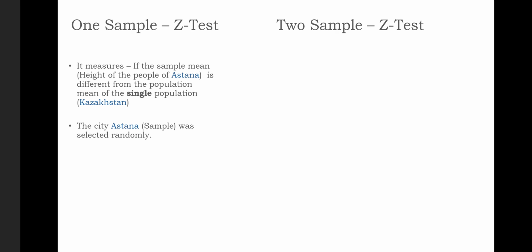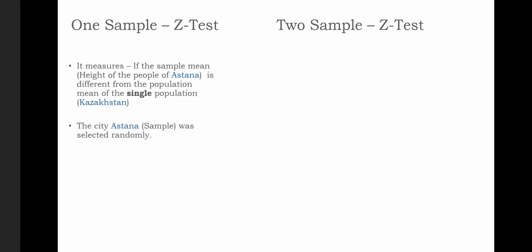So, what is our null hypothesis and what is our alternative hypothesis? Our null hypothesis is very simple: the height of the people of Astana is the same as the height of the people of whole Kazakhstan. And our alternative hypothesis, that we learned just previously, is that the height of the people of Astana is not the same as the height of the people of Kazakhstan.